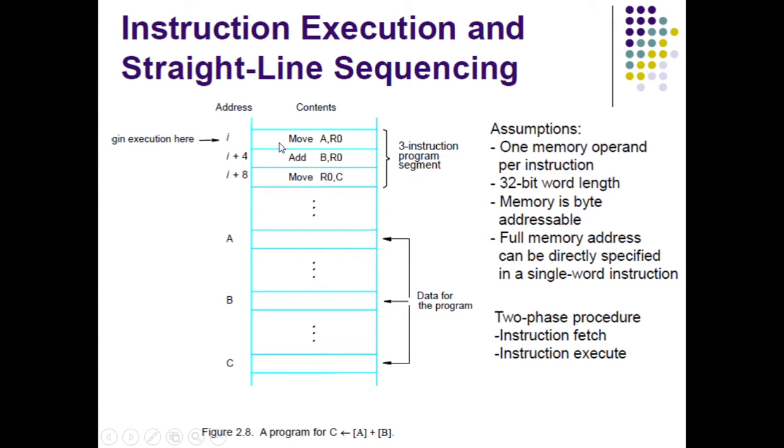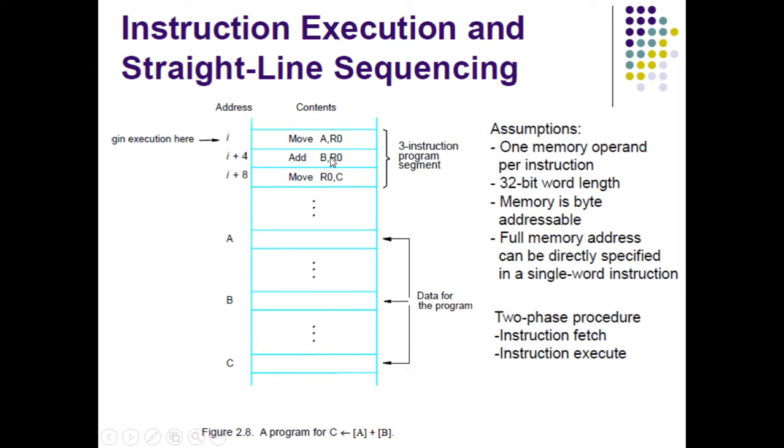After completing the current instruction's execution, the processor can get the address of the next instruction to be executed from the PC. PC is now pointing to the I plus 4th instruction. So the processor gets the address of the next instruction directly from the program counter, and can start executing that instruction after completing the execution of this one.